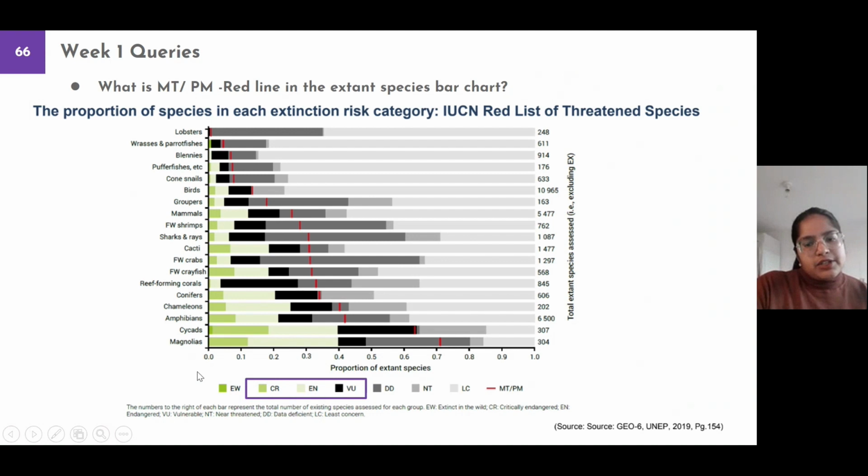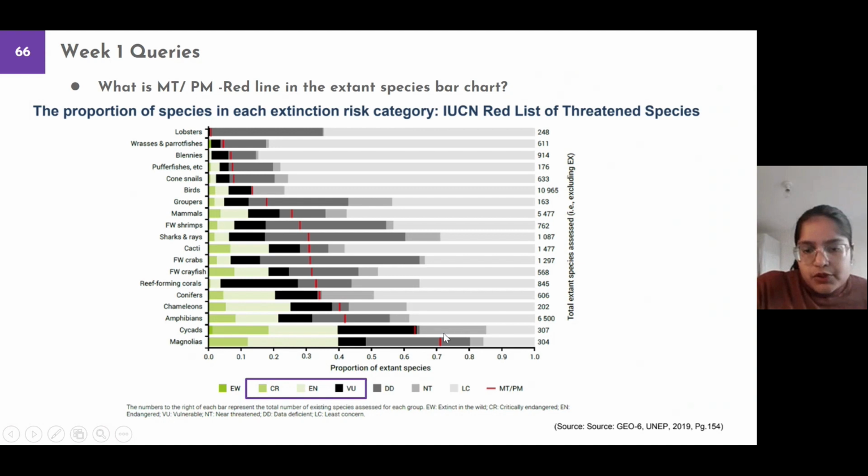The extinct in the wild species is not included in the extinct species list, because if these species are reintroduced in the wild, they will flourish. So EW, the darker green color, is not included.